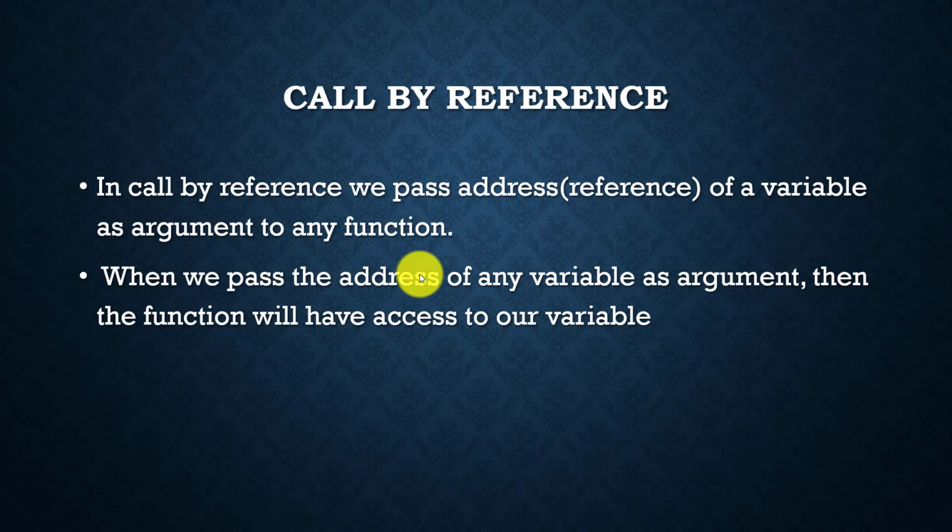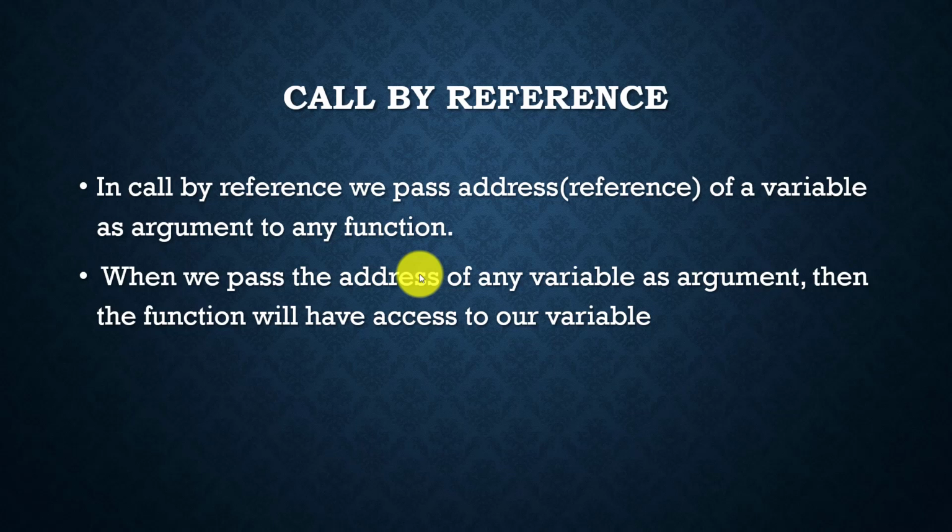So indirectly we are not passing the value but the address, but we get the value only. So C programming only follows call by value, and indirectly it is not call by reference, it is call by value.